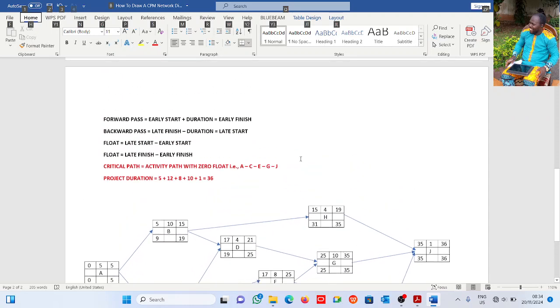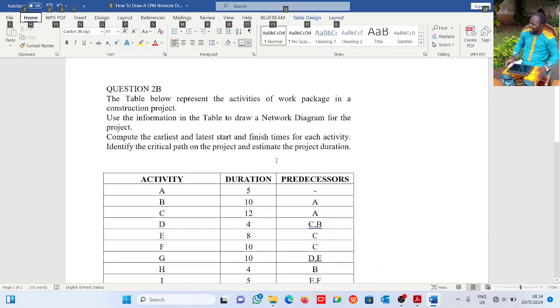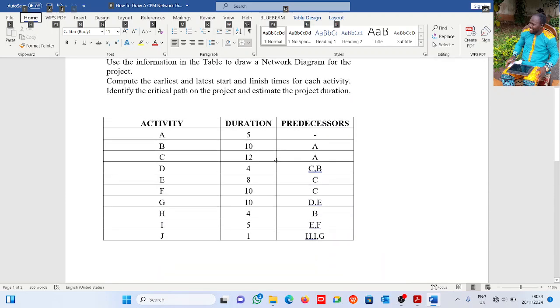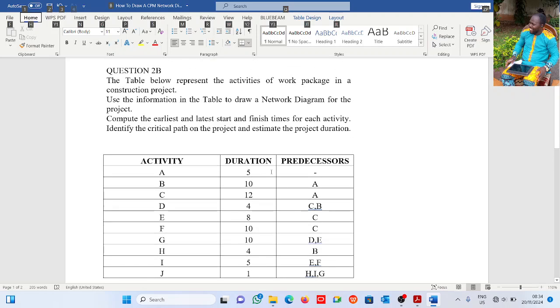Basically, this is how you draw a network diagram using the critical path method. As you can see, it is very interesting. PERT and critical path have their differences. The Project Evaluation and Review Technique uses 3 time estimates, while critical path, like you can see here, uses just 1 time estimate.